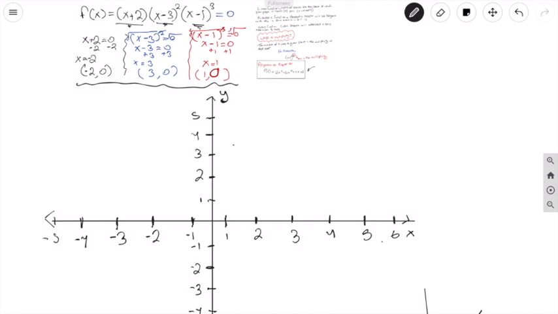I'm going to use the black color for graphing the first one. It will be a straight line since it has no power and it's a linear equation.